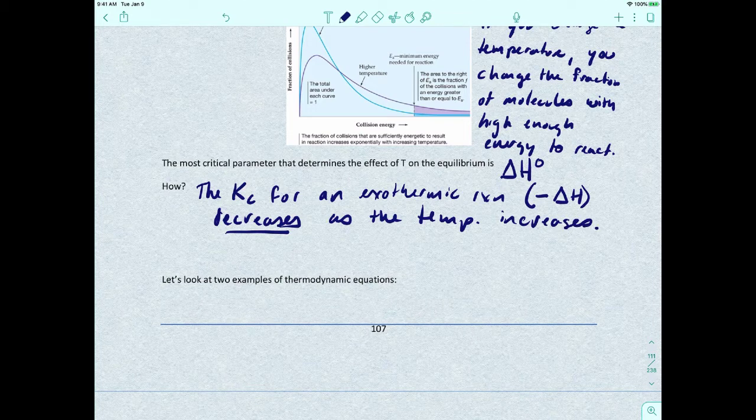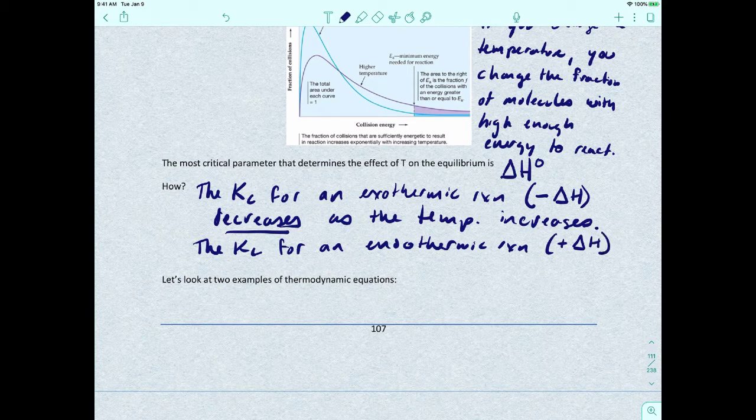And it turns out that the Kc for an endothermic reaction, so we're talking about a positive change in enthalpy now, increases as the temperature increases.